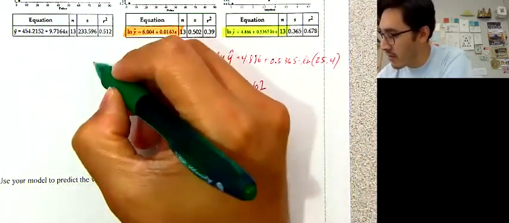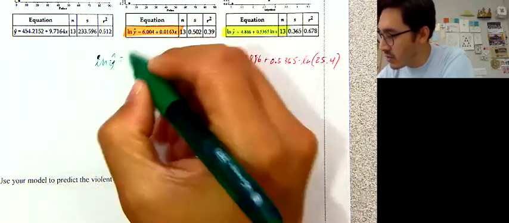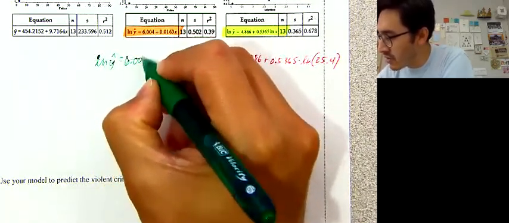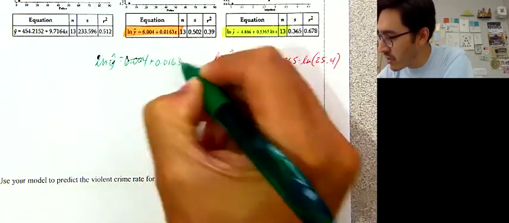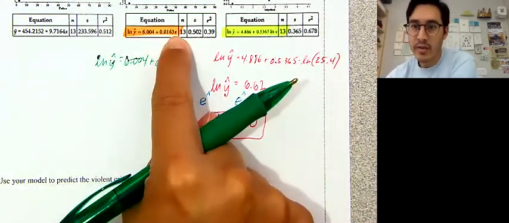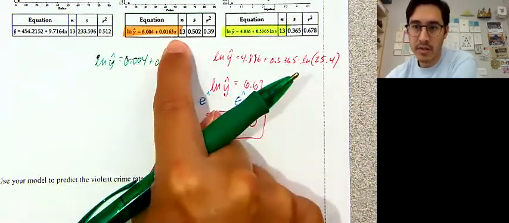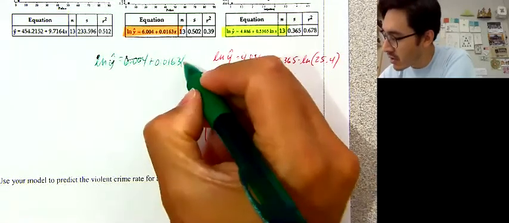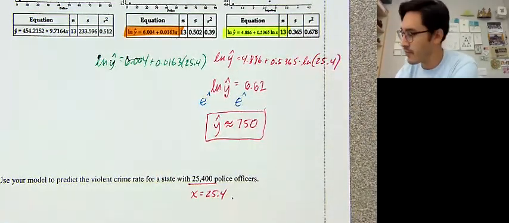All right, so we're going to have the natural log of y hat equals 6.004 plus 0.0163. Okay, now it's just x, right? There's no logarithm with the x. So all I need to do is substitute 25.4. Okay.